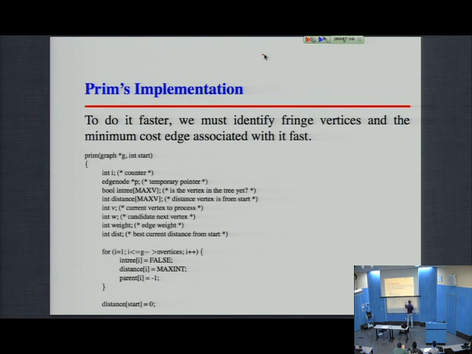In the middle of our execution, we started from some vertex S. We've got some cloud of vertices that are in our tree. We have some other cloud of vertices that are in what I will call the fringe. The fringe are the ones that are within one edge of being in the tree.